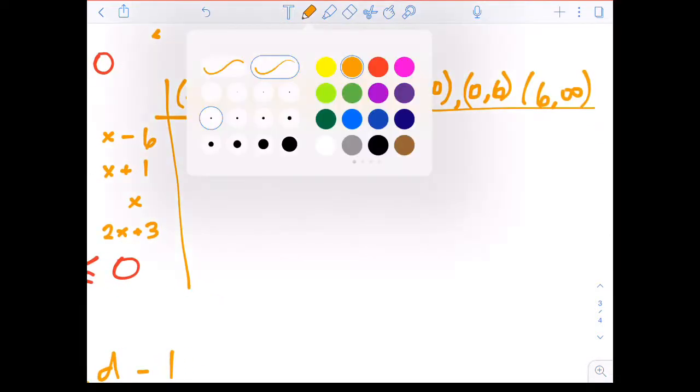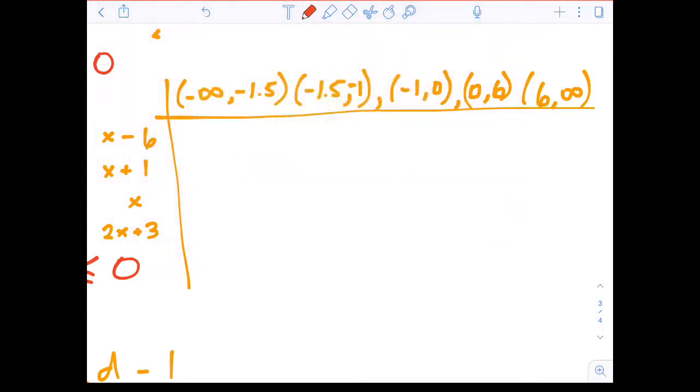So we'll go through, we'll say, what if I have a big negative value? Each of these will all be negative, which results in a positive. What if I have a number between -1.5 and -1, like -1.25?